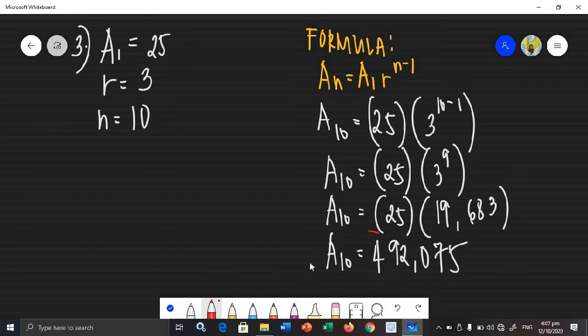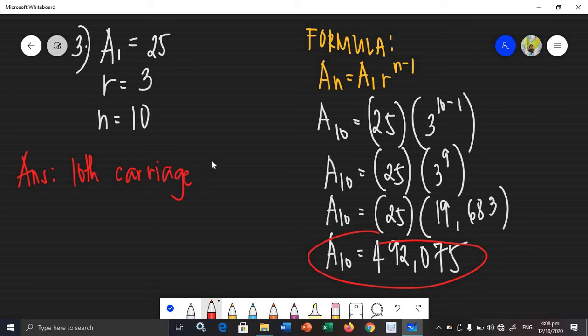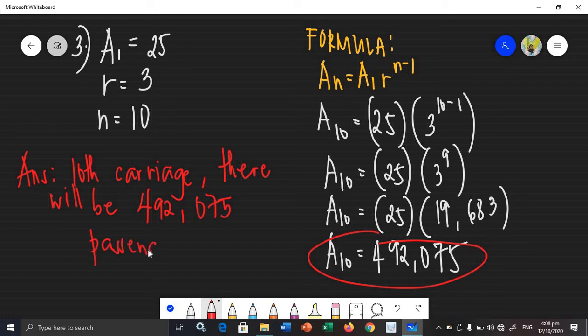So therefore, we now know that when the 10th carriage arrives, there will be 492,075 passengers.